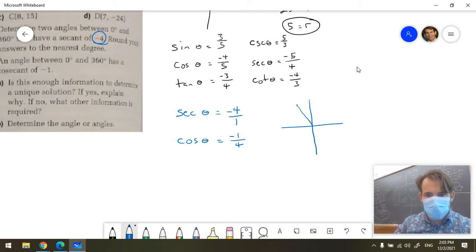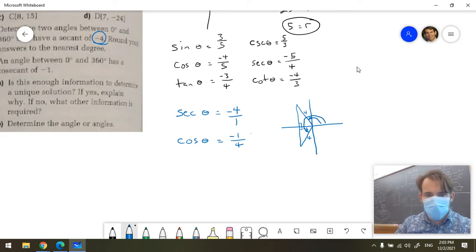I can't tell you the name of that point without doing some math. That's a negative 1, and this is length 4. Now this one over here would be the other one. That's negative 1, that's still 4. So there's two options: this angle or this angle.